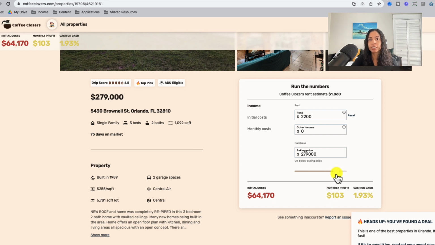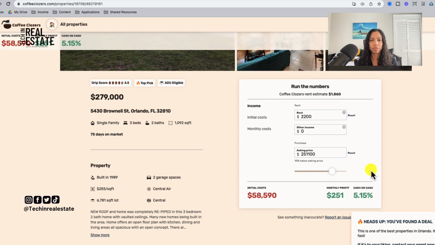We can also toggle on our asking price. Maybe we try to get a 10% discount, which if the market starts to cool, where there is less demand and more supply, we can definitely push for this. And once we go 10% below asking, we could see that our cash on cash would be about 5% at a monthly profit of $250.